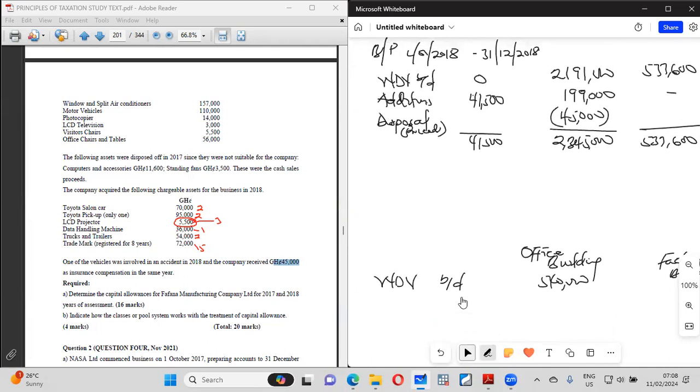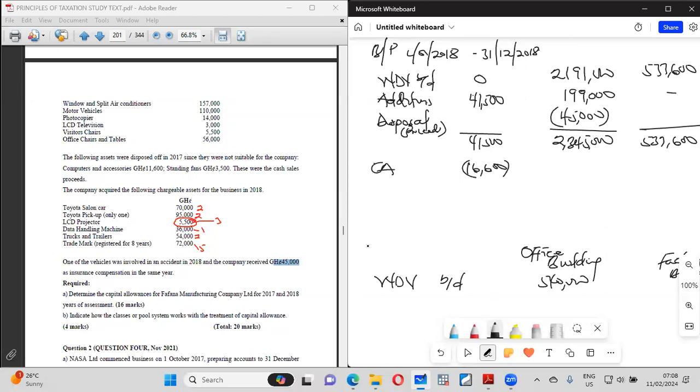Okay, then my capital allowance. So this one we know is 40%. So I have 41,500 by 0.4. That gives me 16,600. Then I have 2345 multiplied by 0.3.